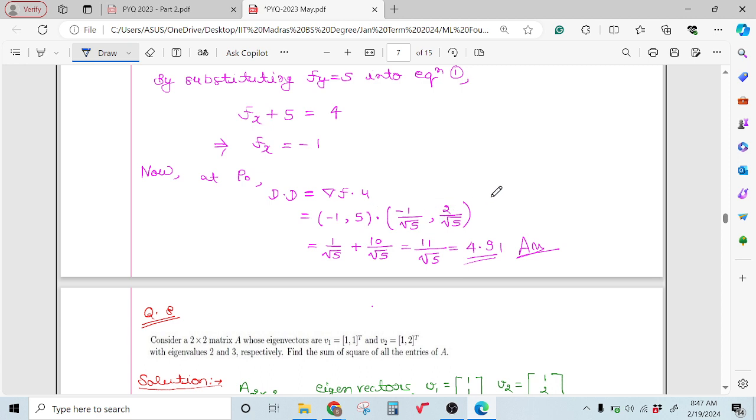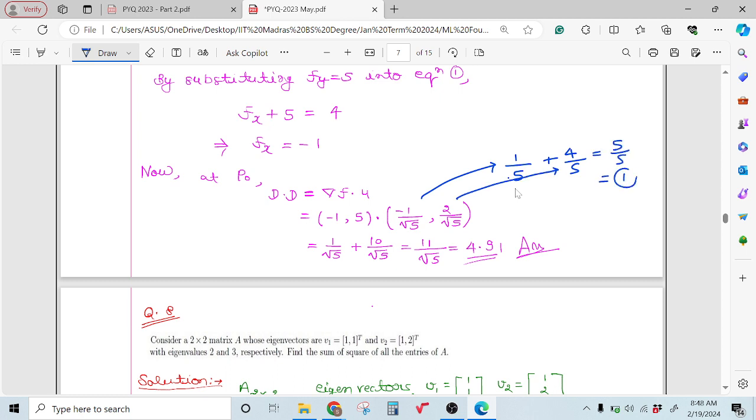We don't need to convert this into a unit vector, because if we take the modulus of this, we will get 1: the square root of 1 by 5 plus 4 by 5, so the result will be 5 by 5.